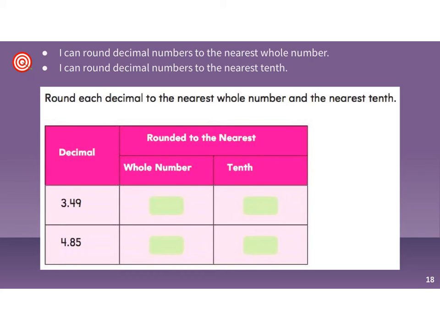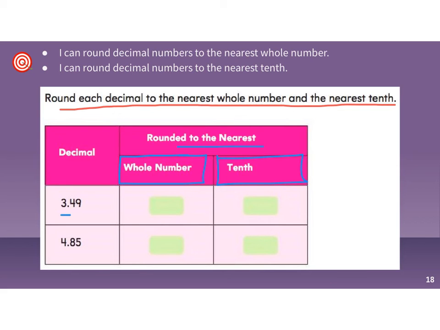Final practice. Here's a little chart, and this is what your evidence of learning is going to look like today. It's a similar chart. The directions say round each decimal to the nearest whole number and the nearest tenth. So notice that there is a column for a whole number and a column for tenth, and you're going to round to the nearest each of those.